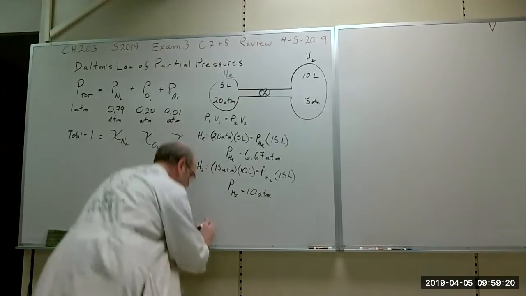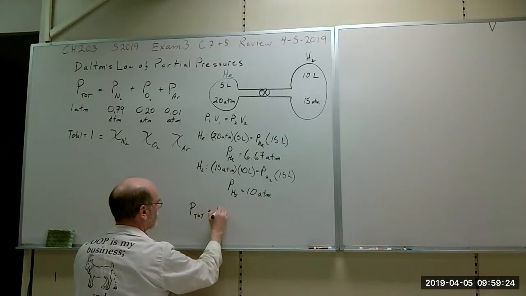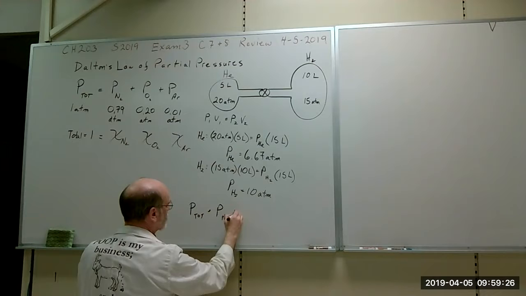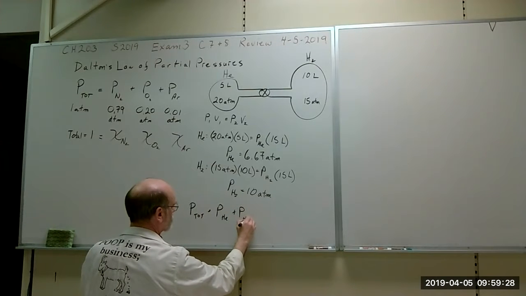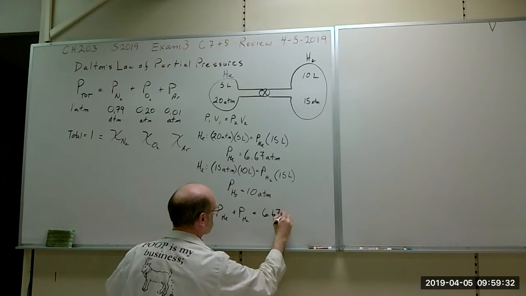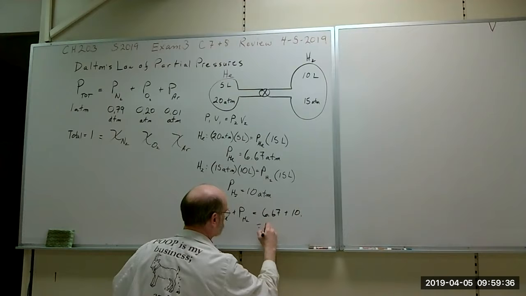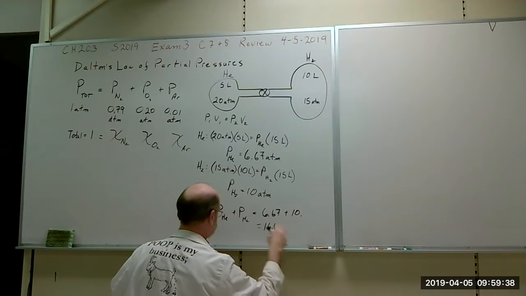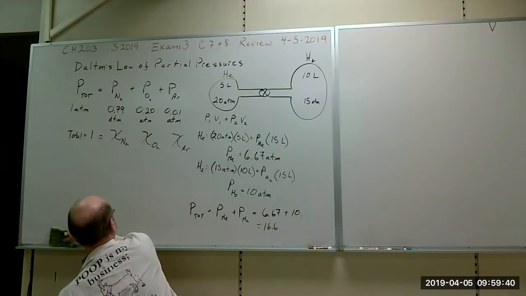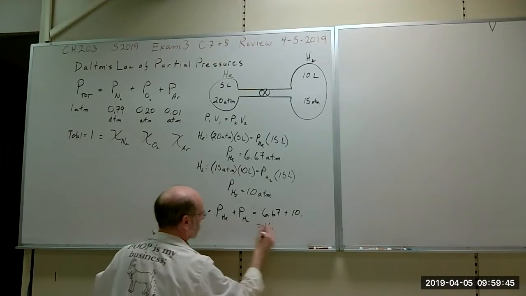Now we use Dalton's Law, which will be pressure due to helium plus pressure due to hydrogen equals 6.67 plus 10 equals 16 point, well, let's see. I'm not using the right number of significant figures here.